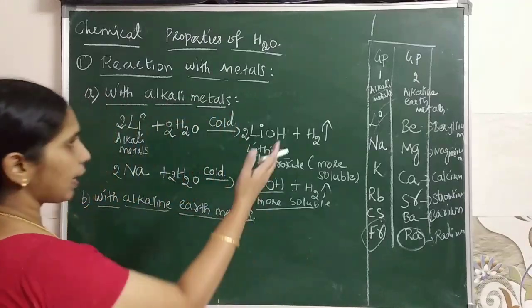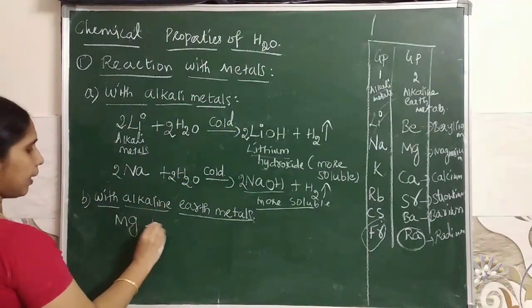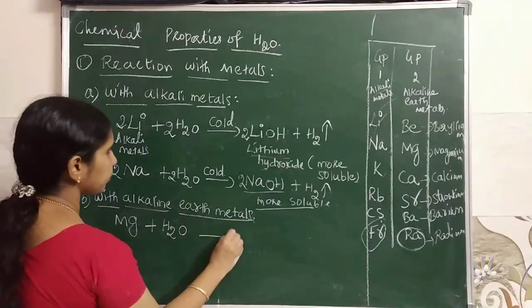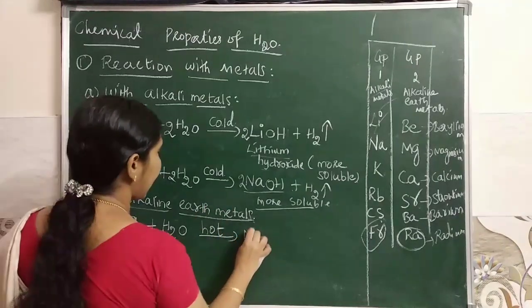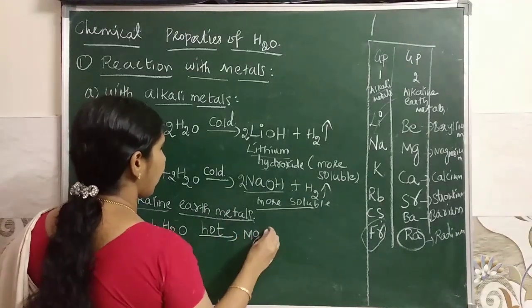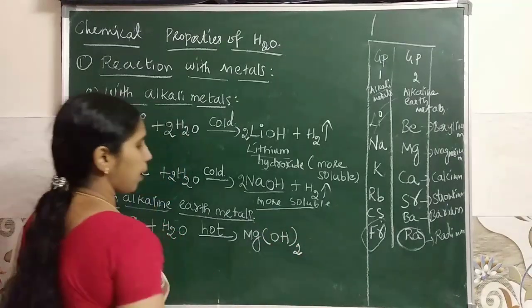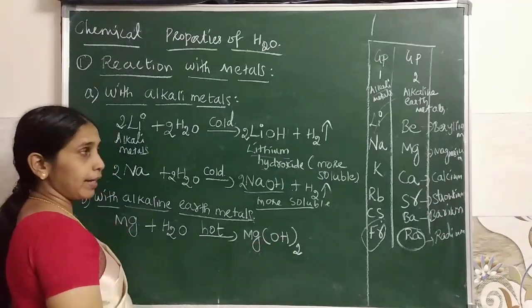So we can write magnesium as an example. Magnesium reacts with water, condition hot, forming hydroxide. The formula of magnesium hydroxide is Mg(OH)2. Why?